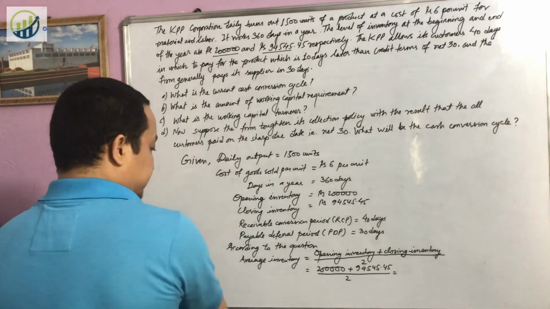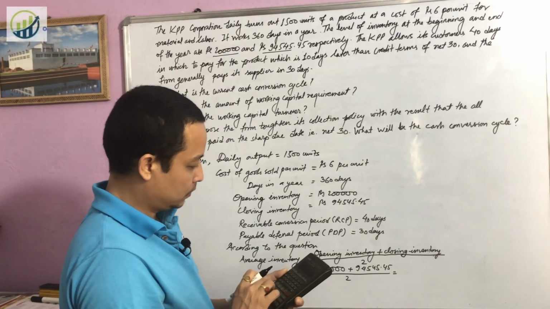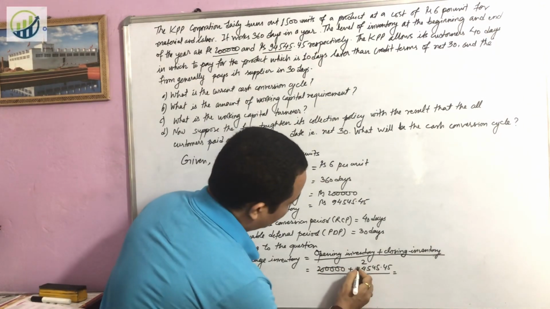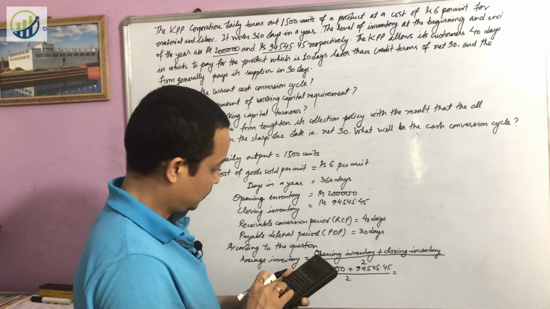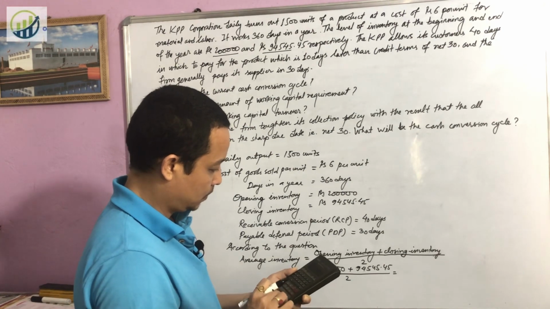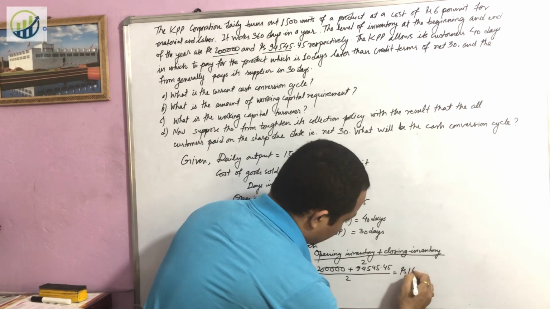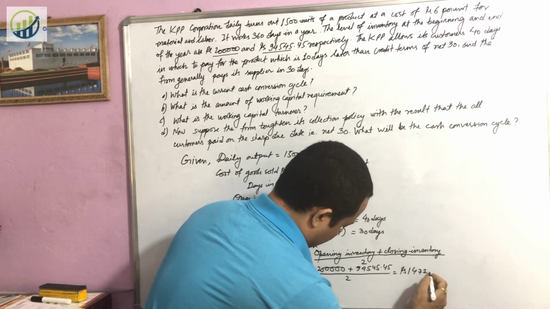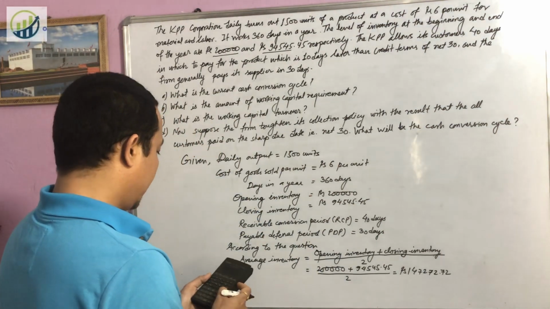So now you can get here average inventory, 2 lakh plus this 94,545.45, that is your rupees 1,47,272.72. So this is your average inventory.